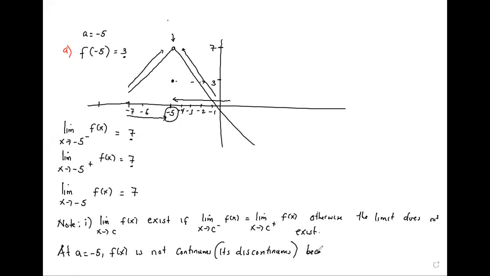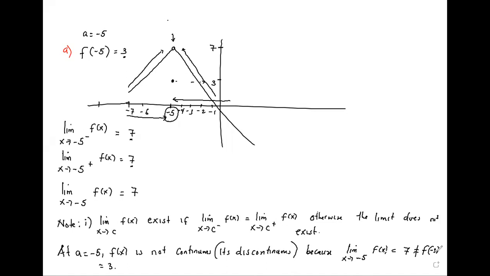What's the reason? Because the limit as x goes to -5 of f of x is equal to 7, which is not equal to f of -5, which is equal to 3.